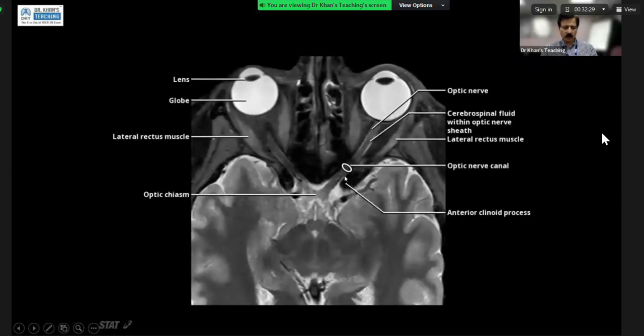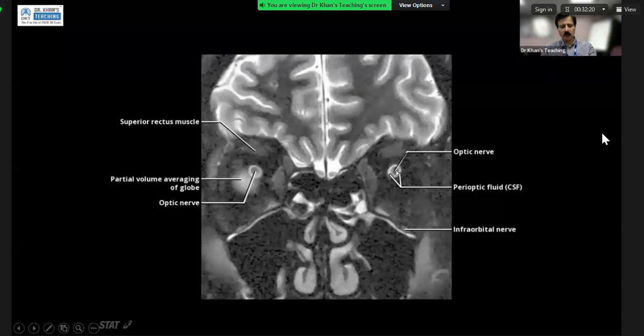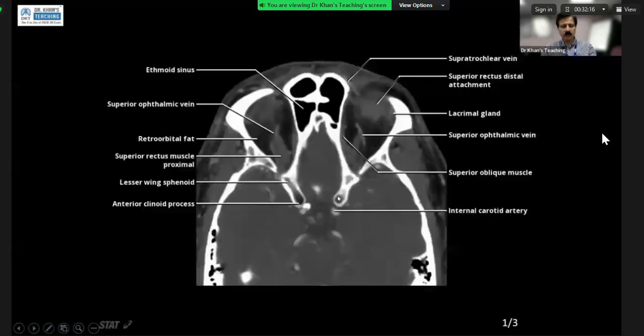Now, look at this one, where this is the optic nerve, and there is a subarachnoid space around it. Optic nerve, subarachnoid space. On this contrast enhanced CT, the only point I want you to remember is, look at this.